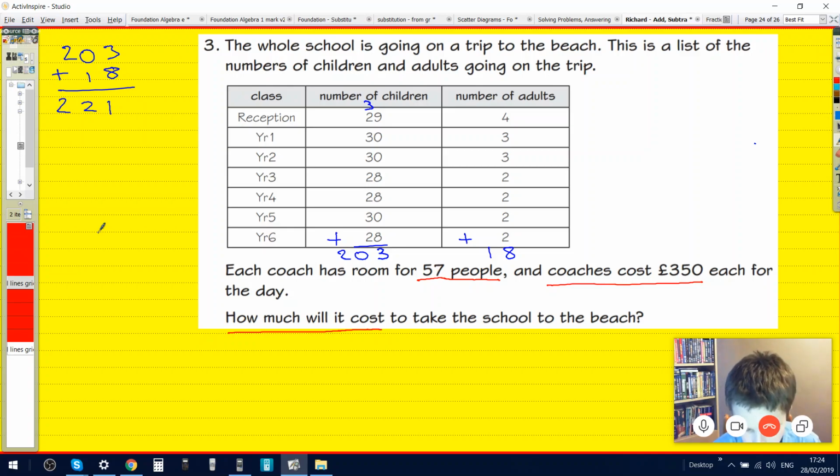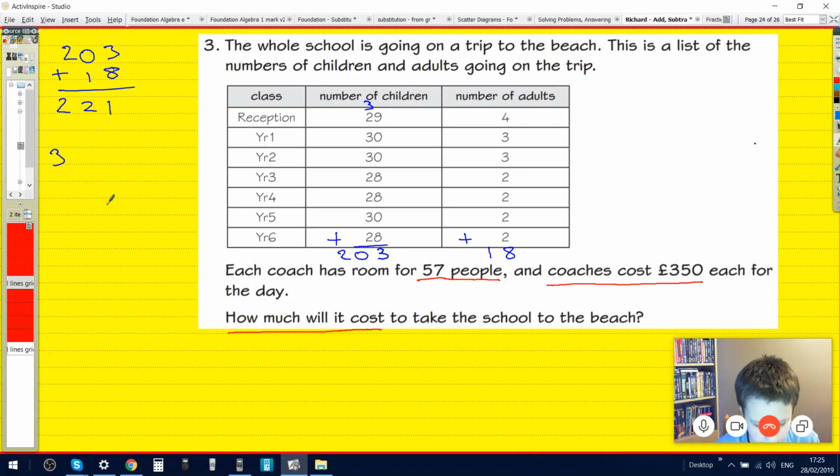57 goes into 221 3 times, like I've already said.